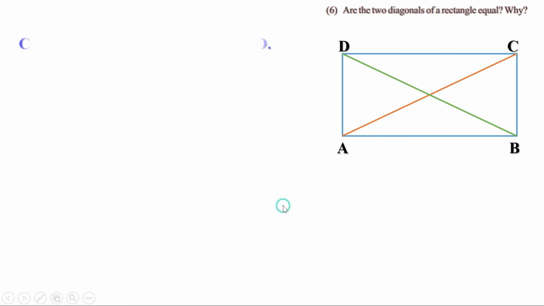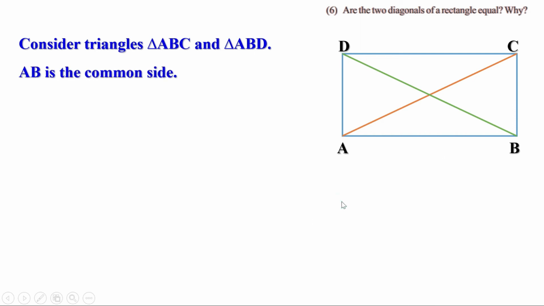So let us consider the triangles, triangle ABC and triangle ABD. AB is the common side for both the triangles. BC and AD are equal as they are opposite sides of a rectangle. Now this angle is 90 degrees, this angle is also 90 degrees.